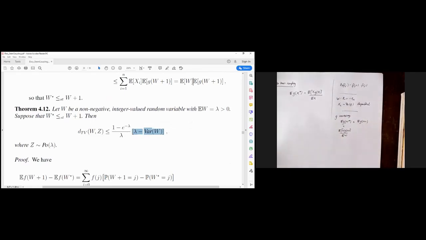I don't need to know about the intricate covariance structure necessarily. All I need to know about is the first two moments of my W. And I can get, under this negative dependence condition that my size bias version is smaller than my shifted version, an explicit total variation bound that only depends on the first two moments of W. So the bound is nicer. The price that we pay is that we have to check that this monotonicity condition holds.